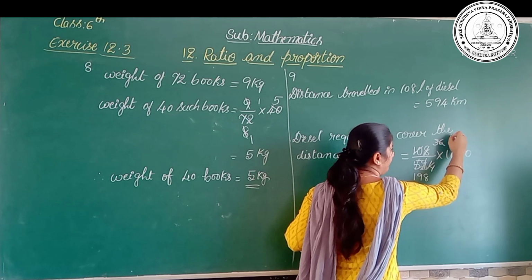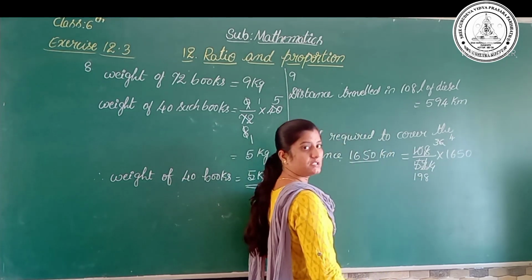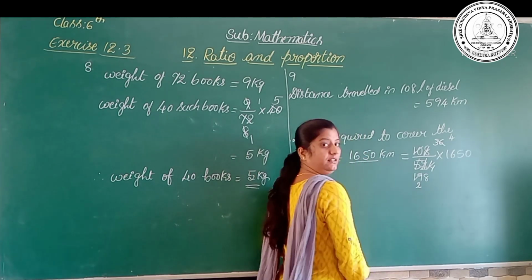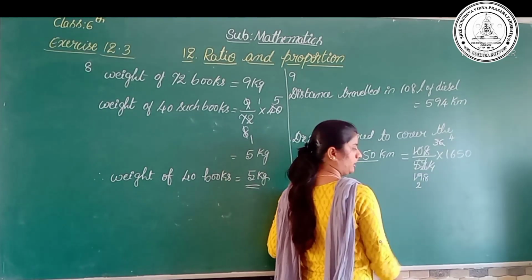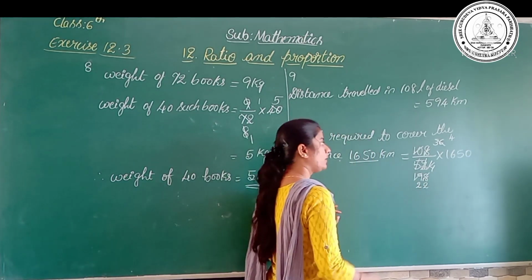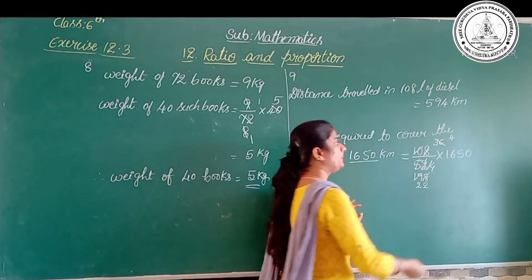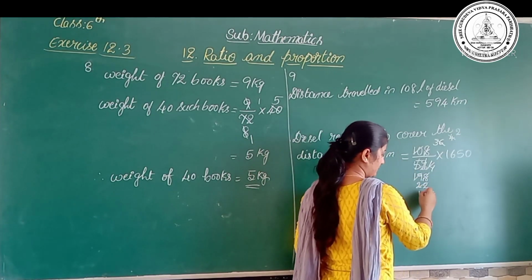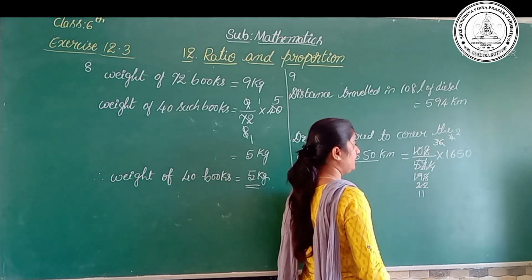9 4s are 36, and 9 2s are 18, so 4 and 22 get cancelled by 2. 2 2s are 4 and 2 11s are 22.